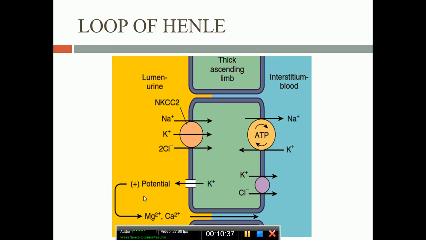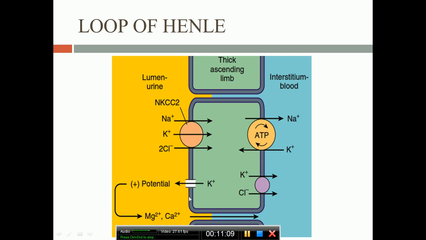Opposite charges have an attraction, and the same charges repel each other. So this filtrate is coming from where? It is coming from the glomerulus through the PCT, or proximal convoluted tubule, and into the loop of Henle. Magnesium is a positively charged ion, and calcium is a positively charged ion.